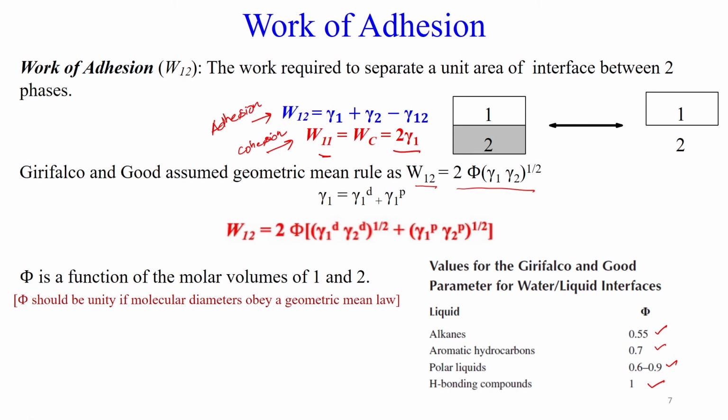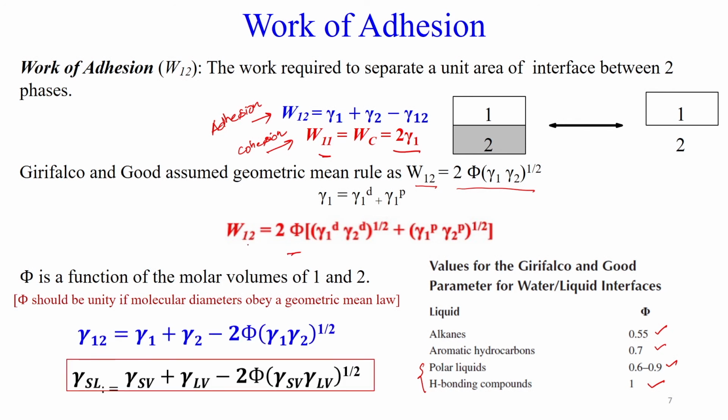So, in most of the cases we consider phi as unity if we assume that the molecular diameters of 1 and 2 obey a geometric mean law. If you consider most of the polar liquids as well as the hydrogen bonding compounds, it is very close to 1. So, in most of the cases you will see we consider the value of phi as 1.